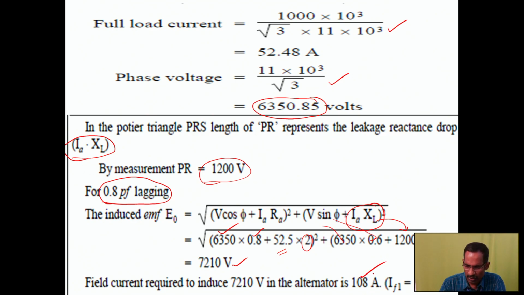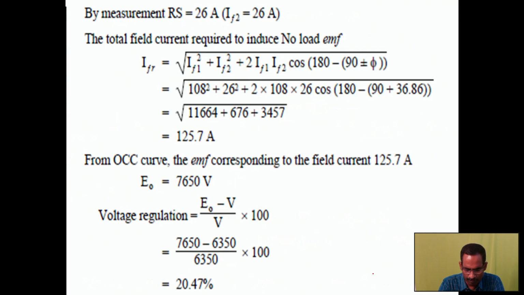Required field current is 108 amperes. It is our E0. Okay. By using that, from that RS value, 26 amps, and the field current required to produce the rated voltage is 108. By using this, I am calculating the IFR.